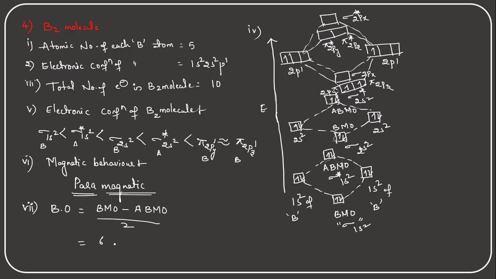So a total of 6 electrons are present in the bonding molecular orbitals, and in the anti-bonding molecular orbitals 2 plus 2, so a total of 4 electrons, divided by 2. 6 minus 4 is 2, divided by 2, which gives 1. It means boron can form only one bond with another boron atom or any other element atom, which is called the bond order. Only a single bond it can form.